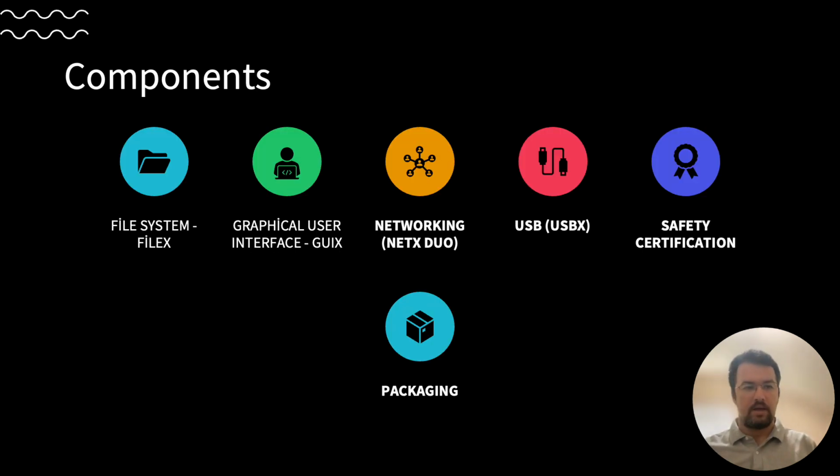Now, let's continue with the components of ThreadX. ThreadX has six crucial components, which we can list as: file system FileX, graphical user interface GUIX, networking component, USBX component, safety certification, and packaging.